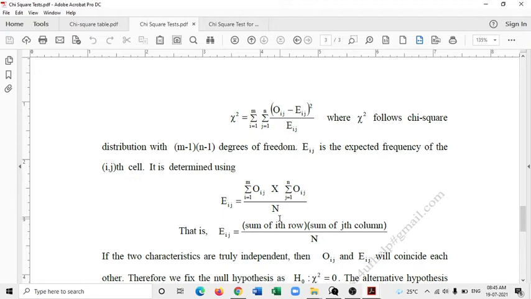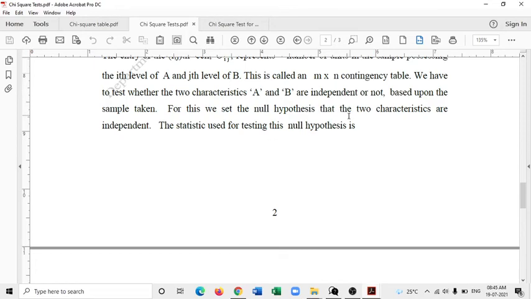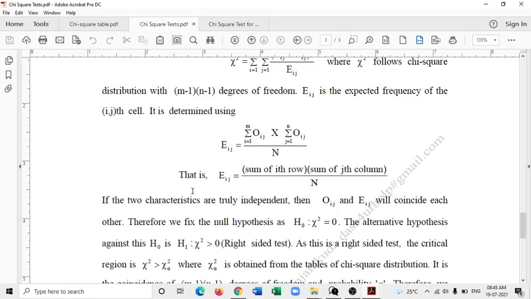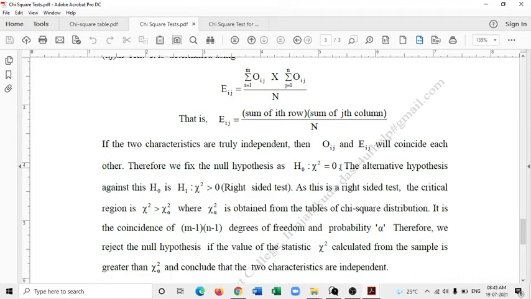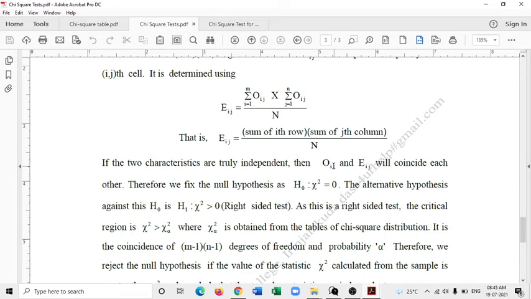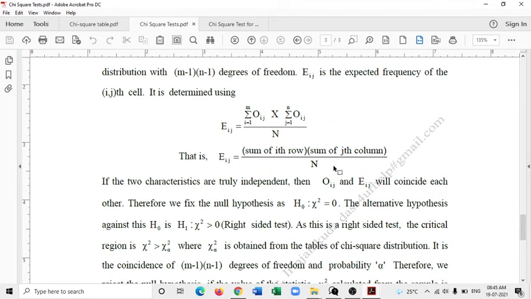So if the levels of the two characteristics are purely independent, we get Oij and Eij equal, and they will coincide for all m into n cells. Therefore, the null hypothesis that the two characteristics are independent can be restated as H0: chi-square equal to 0. That is, the value of chi-square will be 0 if the levels of the two characteristics are perfectly independent.